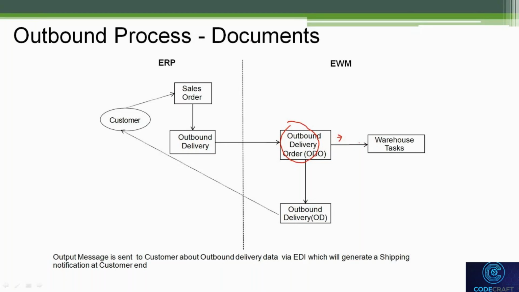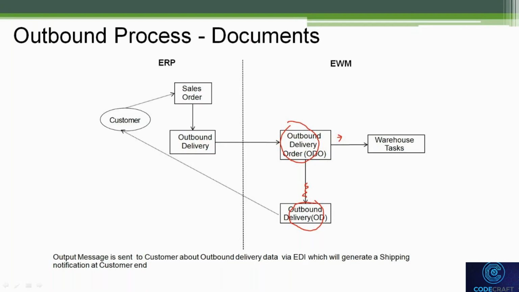When it comes to posting goods issue, why do we need another document? This document is required for partial goods issue. The main purpose of creating another document by SAP was so you can do a partial goods issue. I will show you in the system.